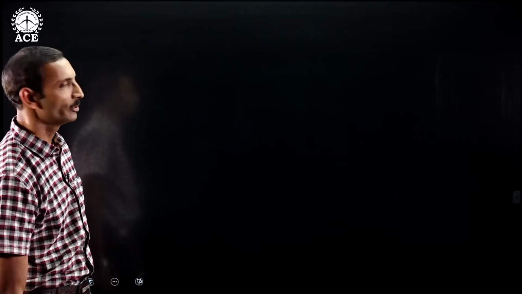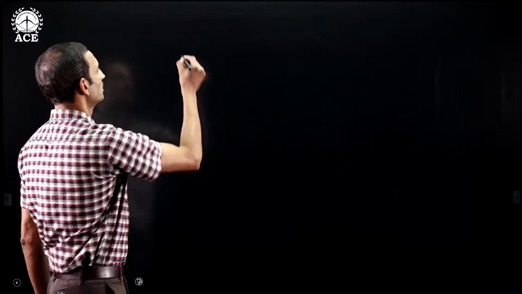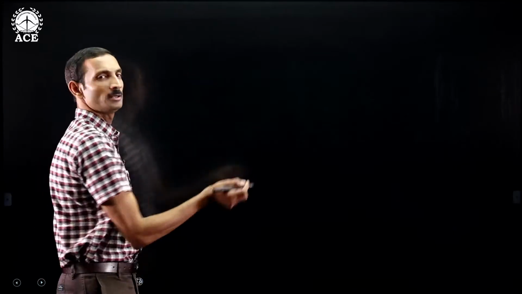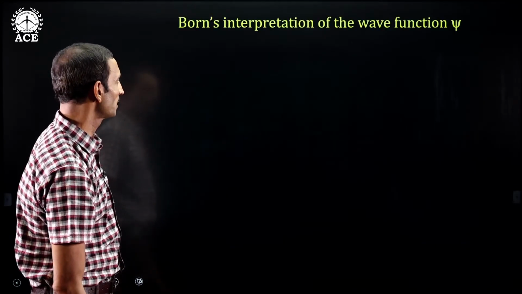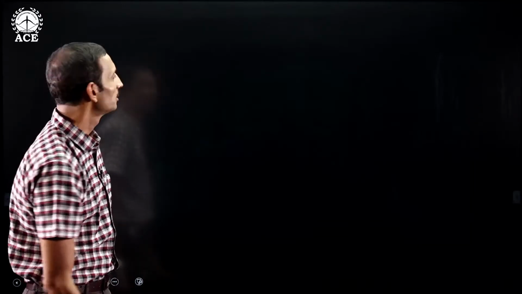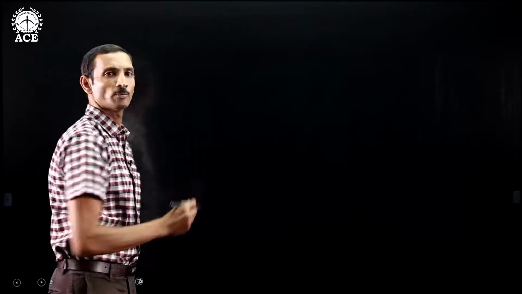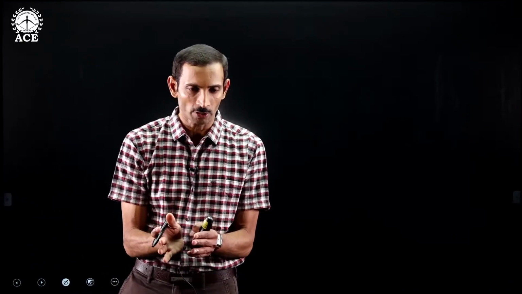For that, I'm going to start with a particle moving in the positive x direction. Let us suppose that there exists a particle moving freely in the positive x direction. Positive x direction means, if you are like this, to your right.